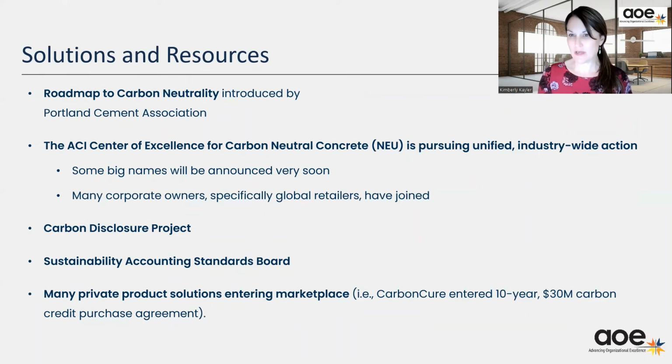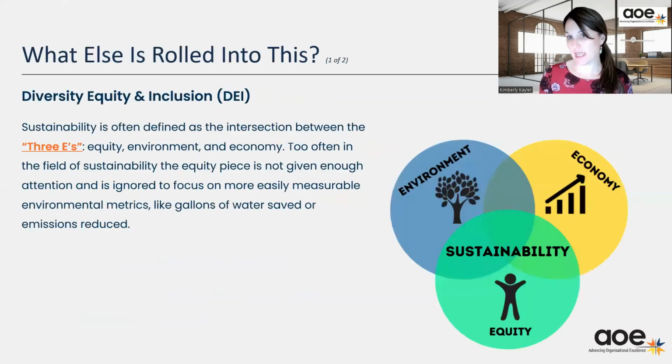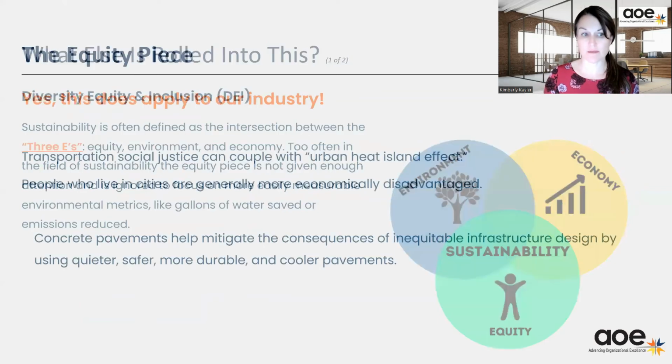So lots of really great examples of organizations out there that are creating resources and launching efforts to really help navigate these discussions. The other thing that is rolled into this again is diversity, equity, inclusion. So the 3 E's that we're seeing pop up, environment, economy, and equity, all form that whole sustainability discussion.